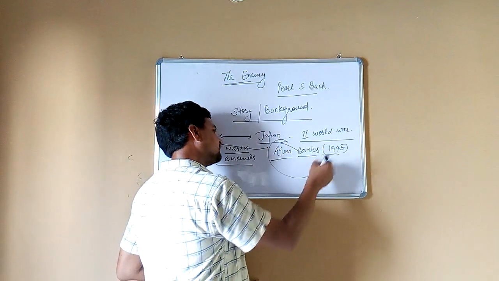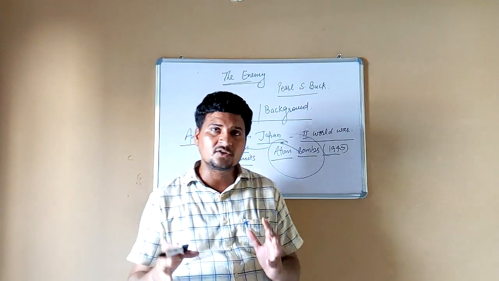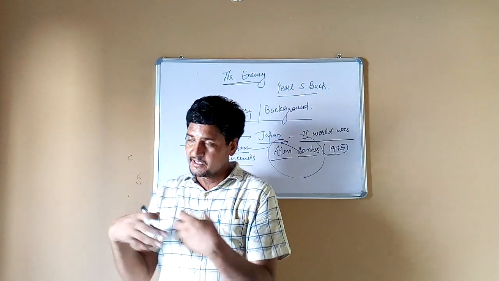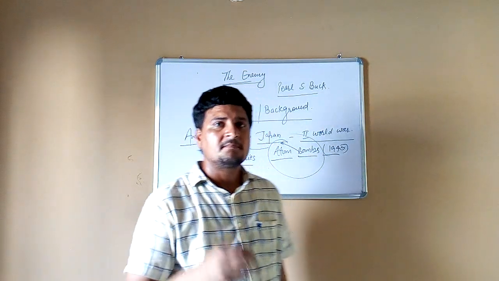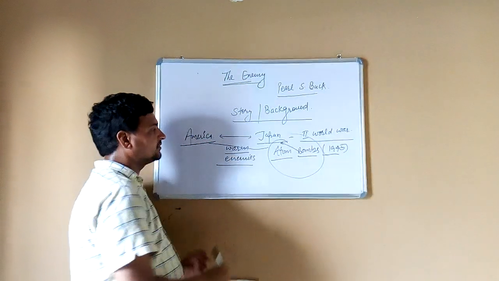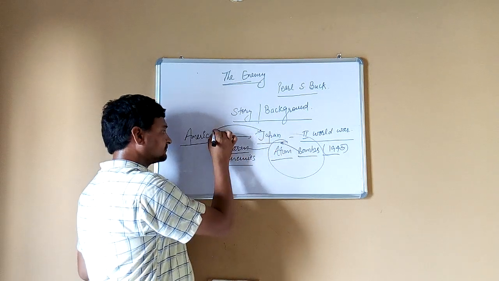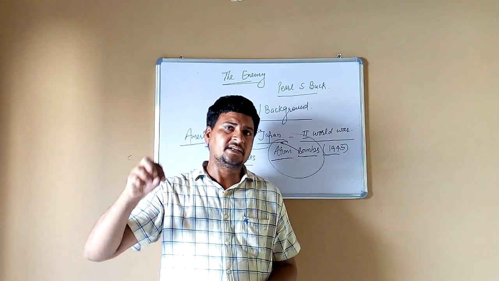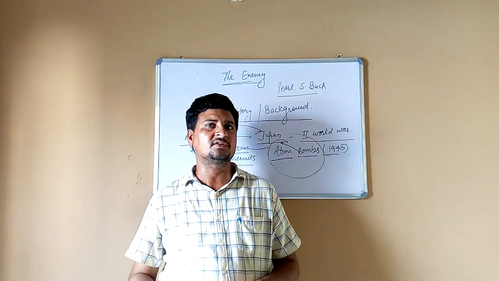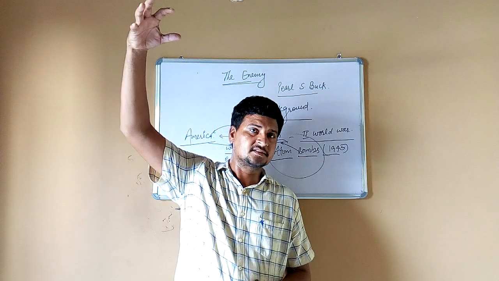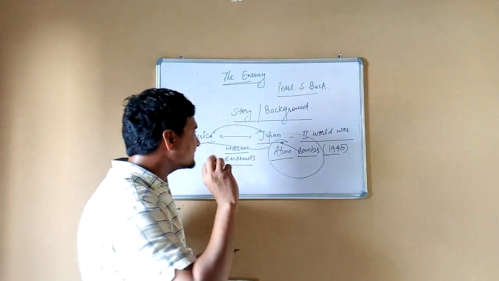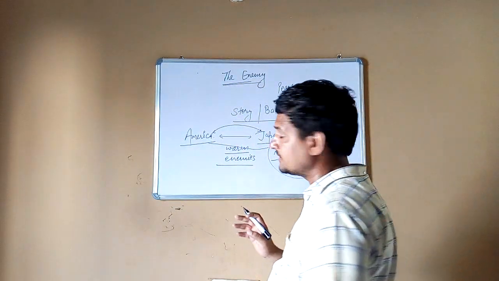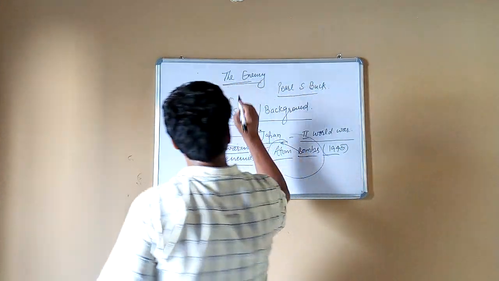So from this incident, we can conclude that there have been bitter enmities in modern days too, but at that particular time, when Japan and America were fighting against each other, the bitterness between those two countries was of the highest rank. In such an environment, let's discuss the story. This is the background and timeline of the story.